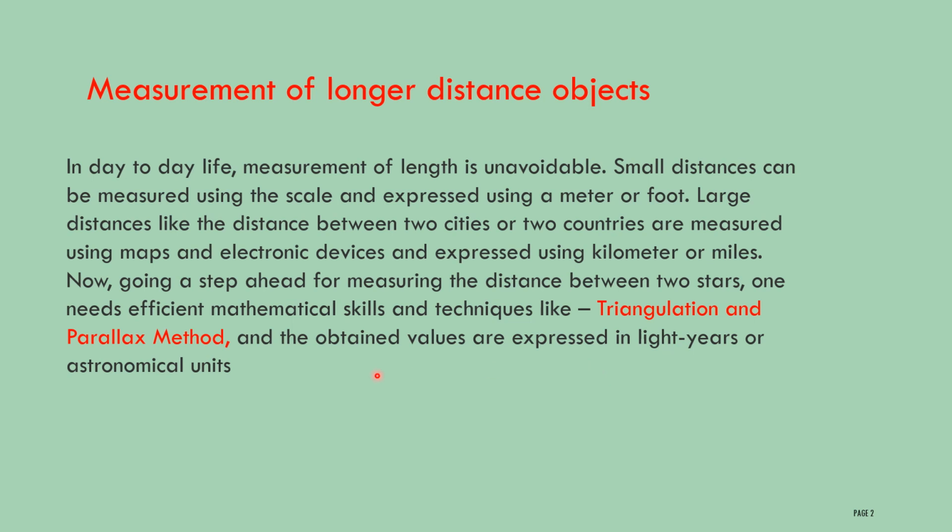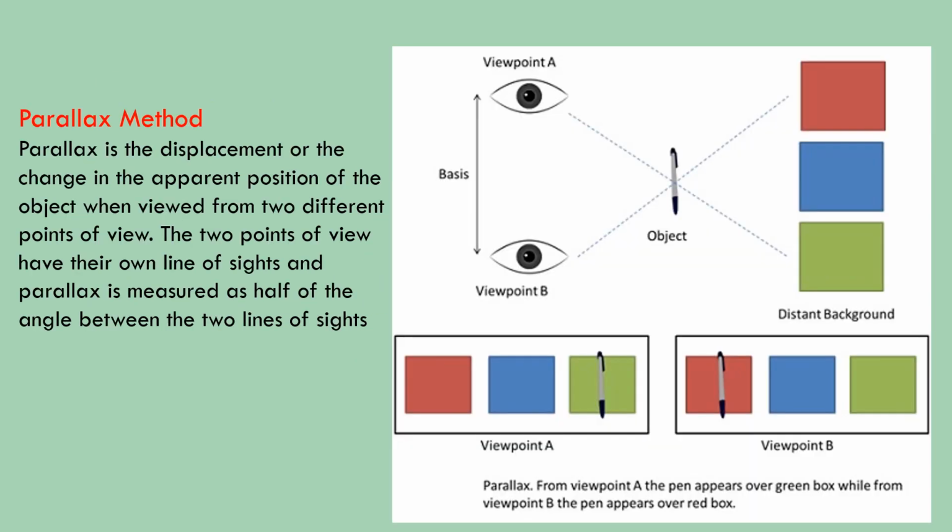Let us discuss in detail what is meant by the parallax method. Normally a human has two eyes. The distance between the eyes let us consider as a basis. When you want to see an object, normally we will use both the eyes.